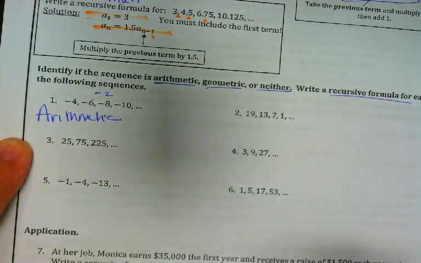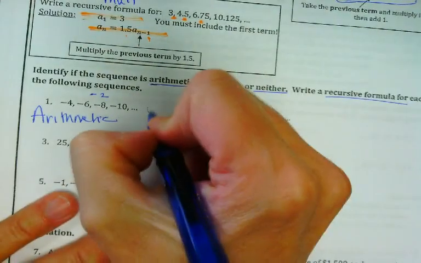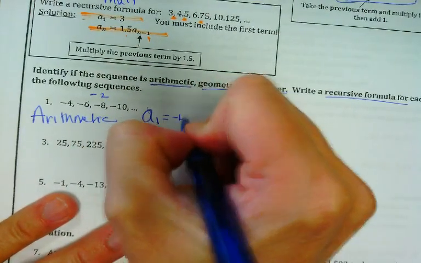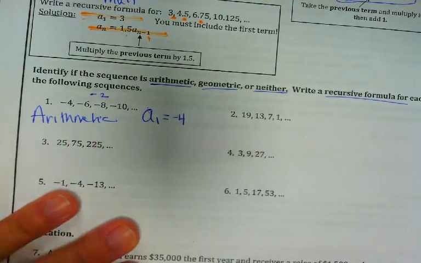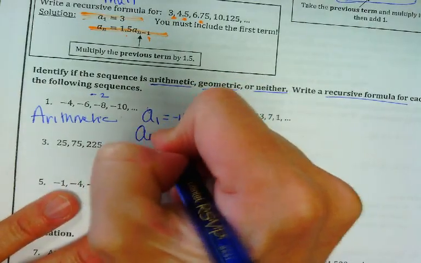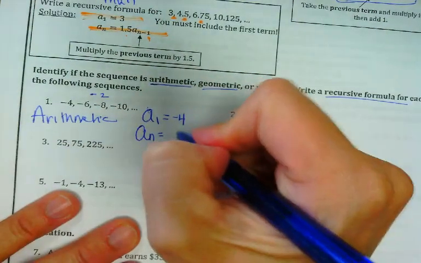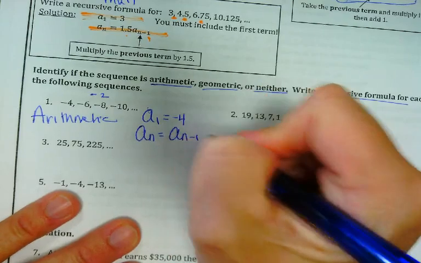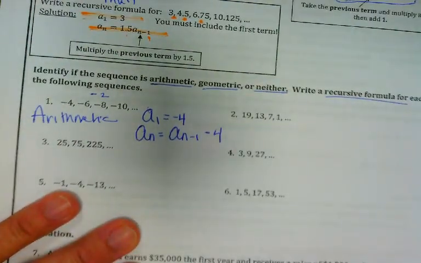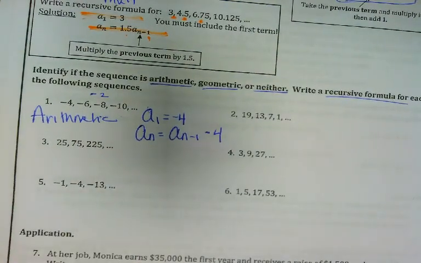So to write a recursive sequence, we state a sub 1. A sub 1 is -4, meaning the first term. And then a sub n, so our general rule is take the previous term, a sub n minus 1, and subtract 4. Recursives are super easy. You just say take the previous term, and this is the pattern to follow. Take this term and subtract 4.